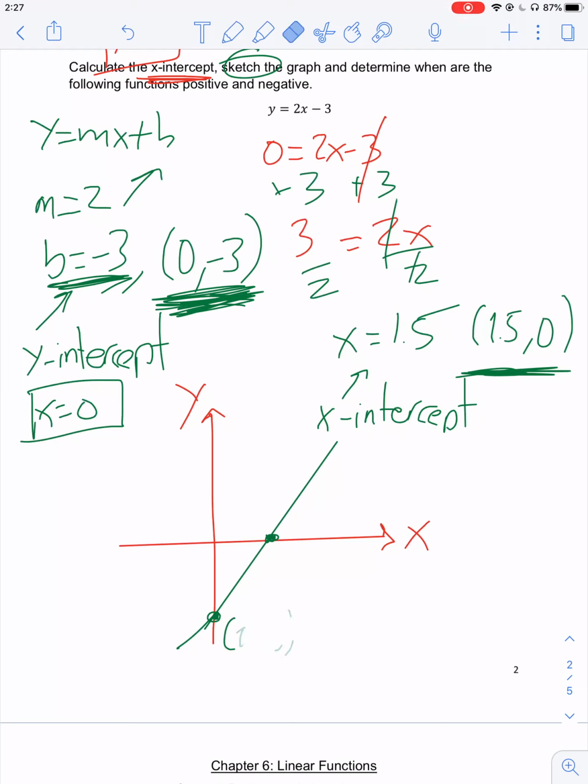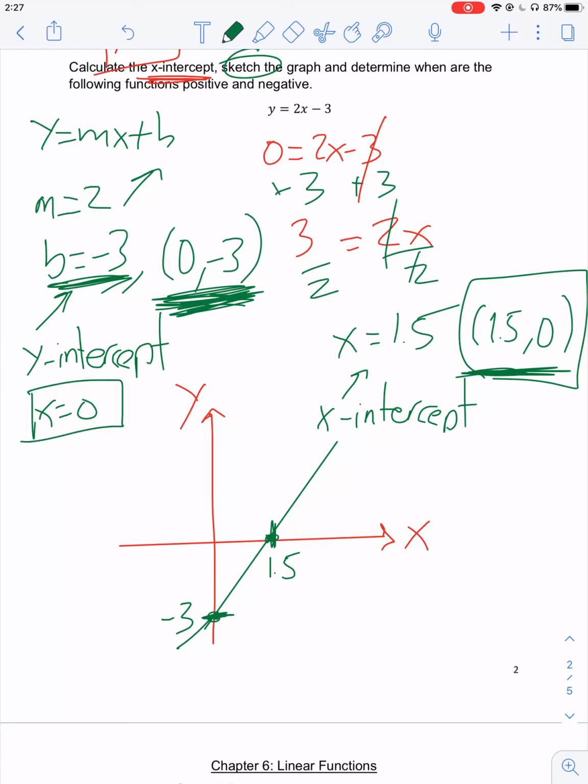This over here gives me my x value, 1.5. If you want, you could put the coordinates, 1.5, 0 and 0, -3, but I'm just going to put the x and y value, and I'll show you why in a moment.